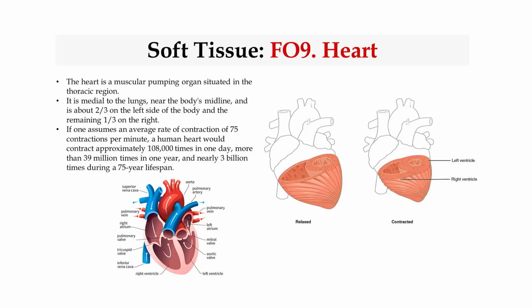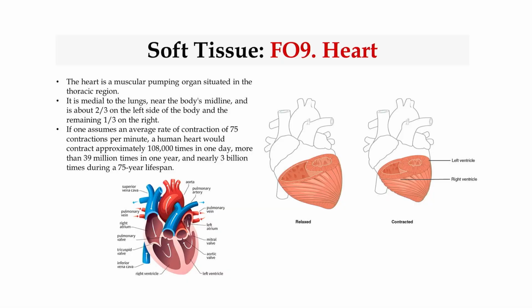From an anatomy of the heart standpoint, we have already studied this in a biology class, so I'm not going to repeat all these aspects, but just quickly cover some pointers. You have the superior vena cava, the aorta, the pulmonary vein, and the right and left atria, which are the two top segments of the heart.